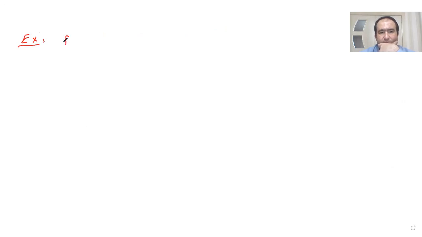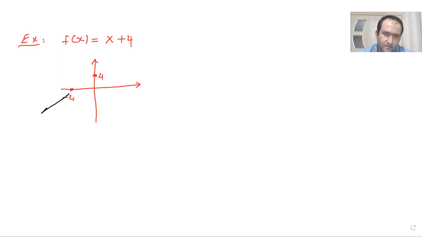For example, look at here. f(x) equals x plus 4. What's our f(x)? We will look. It passes through minus 4 and 4. You know how to draw the graph of this, f(x) is equal to x plus 4.